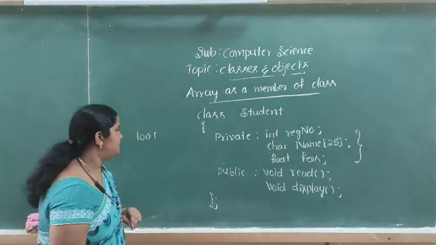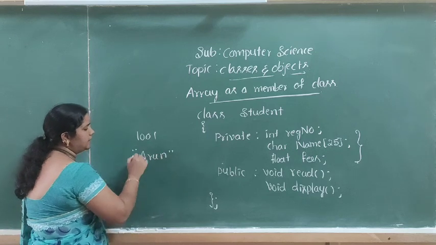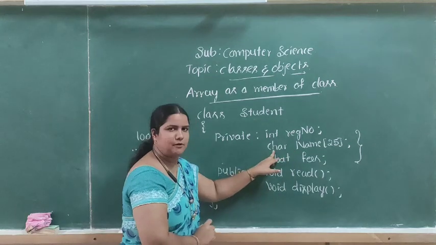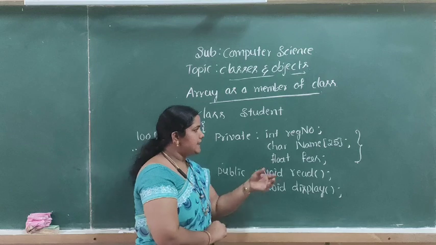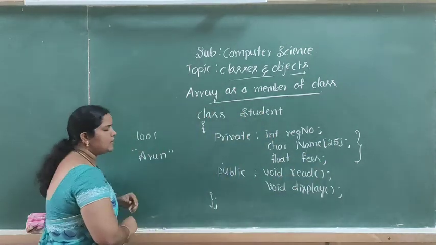Next, name. For example, Arun is a name. It contains a sequence of characters, so we take the data type char. It indicates the size, name of 25.